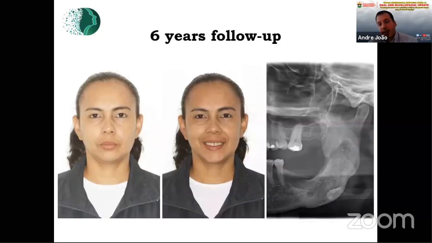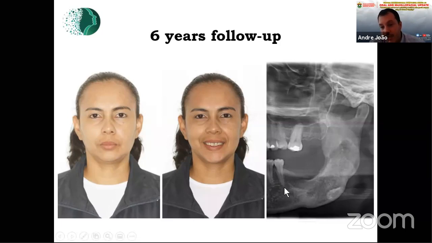And here's the patient, 6 years of follow-up. You can see there is still a small swelling here. I offered the patient some kind of osteoplasty just to improve the aesthetics a little bit, and she said, no, I'm completely fine with this.